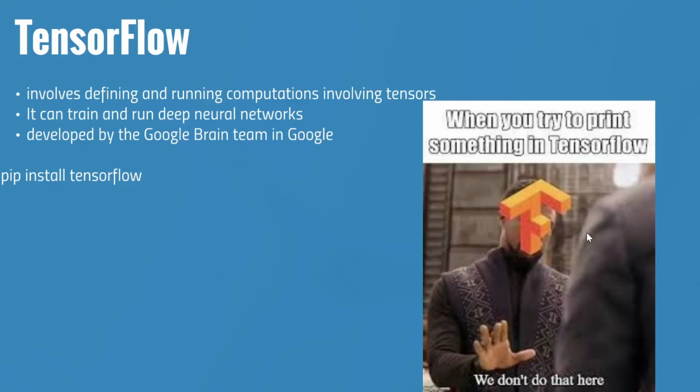But right now, this library, TensorFlow, is very useful for deep neural networks, and it was developed by the Google Brain team. Again, the installation process for TensorFlow is very easy, just pip install TensorFlow.